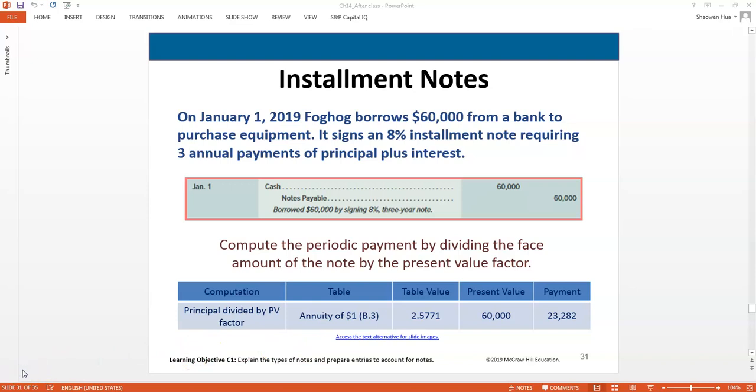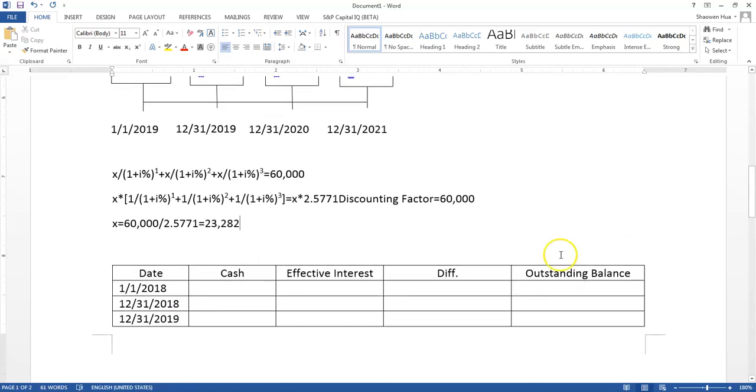Well, how do we make journal entries? I would like to use an amortization table. So this is an amortization table. It has the column of cash payment every period, interest accrued every period. The difference between cash and interest will be the amount of principal being paid out of this note. After you make the payment, what's your remaining debt to the lender?